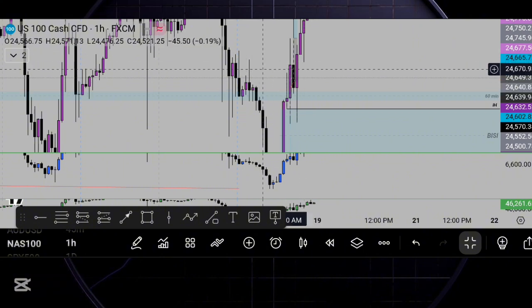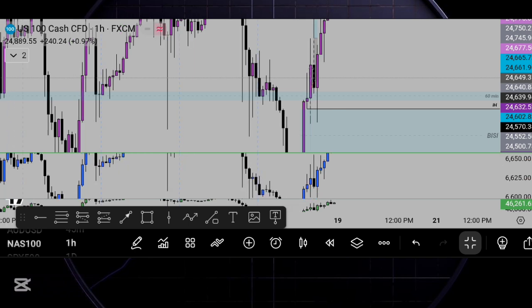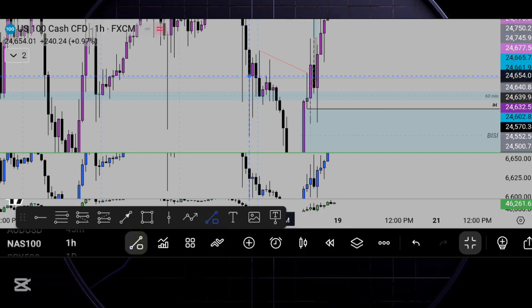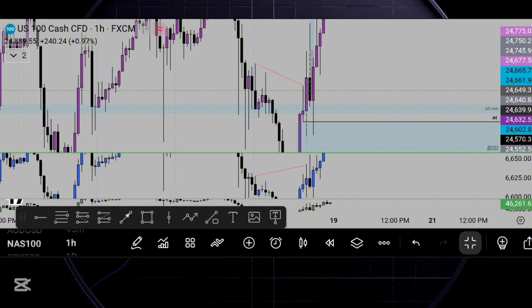There was a divergence on these highs by that time after 8 a.m., because if you can see it clearly, this high right here was already taken out during 8 a.m. on the SPX 500, but it hasn't been taken out on US 100. So that was my reasoning for being bearish.